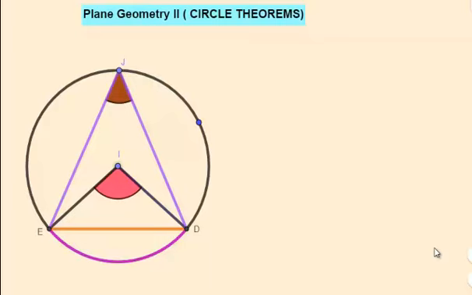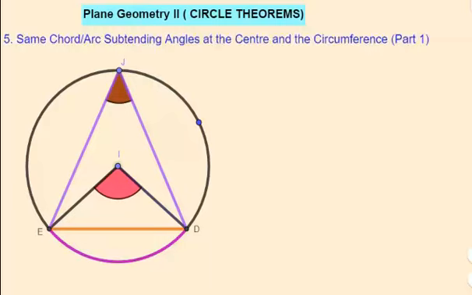Today, under circle theorems, we would like to look at the same chord or arc subtending angles at the center and the circumference of a circle. This is part 1. Look at this beautiful circle you see on your screen.